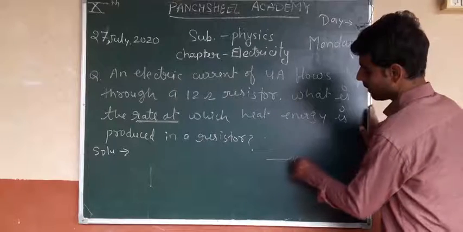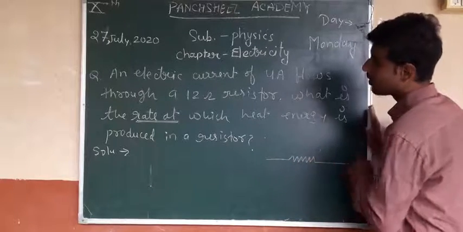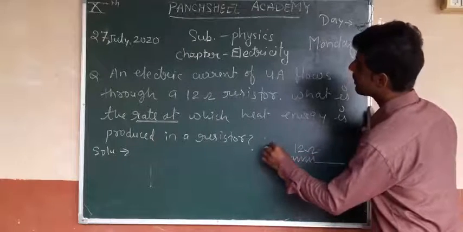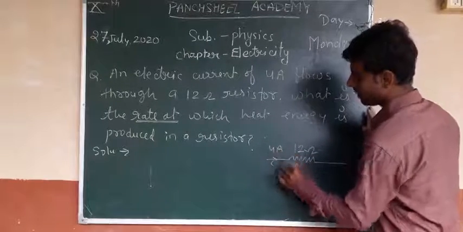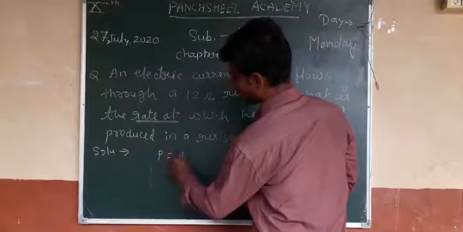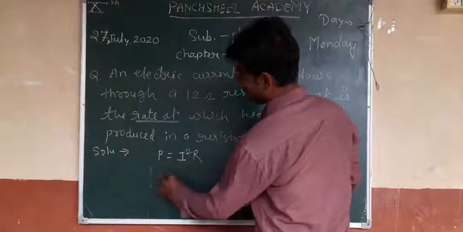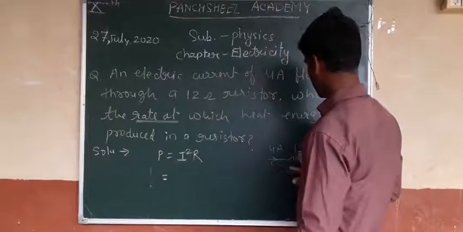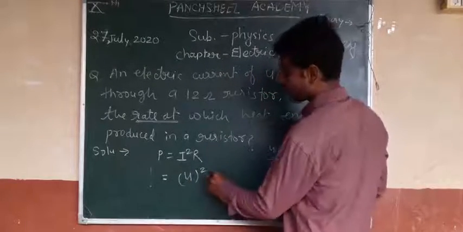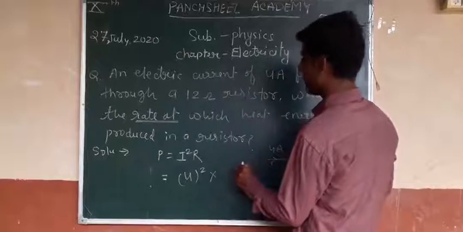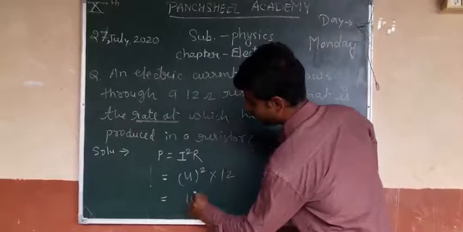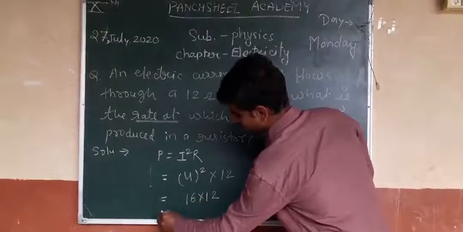This is the resistance of 12 ohm and the current is what? 4 ampere. So P equal to what? I square into R. What is the value of I? I is 4 ampere, so 4 square, and R is 12, so 4 into 4 is 16, into 12.